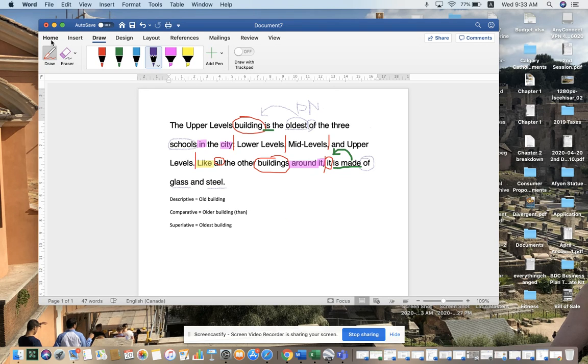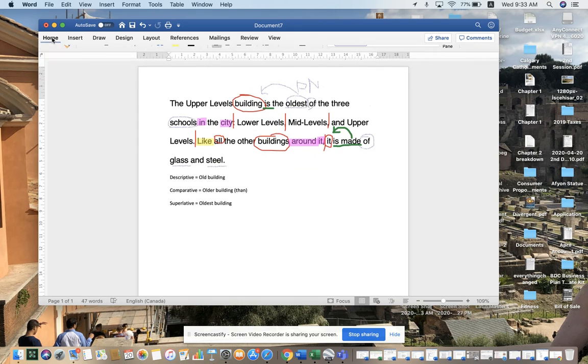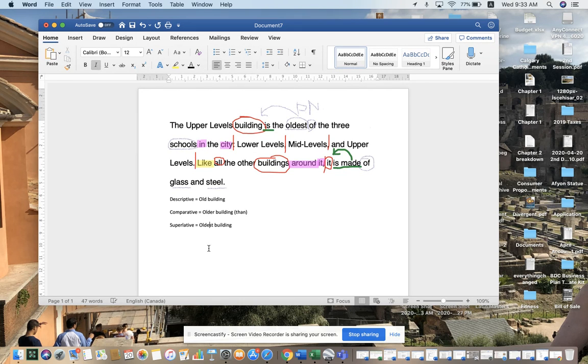All right, awesome. And in terms of our verbs, the last thing is building is going to be third person singular present, and that's right, simple indicative.